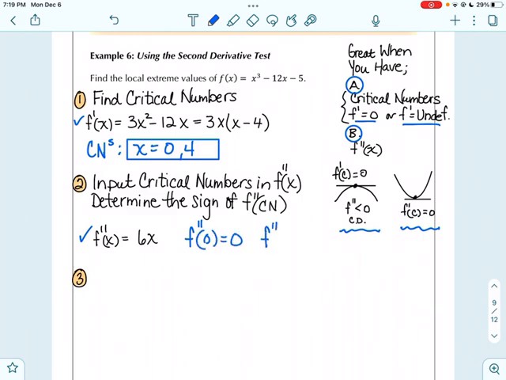So now we make a conclusion here about what we know, and this is one of the things that I'm going to point out that is kind of annoying about the second derivative test. At x equals 0, we cannot make a conclusion.